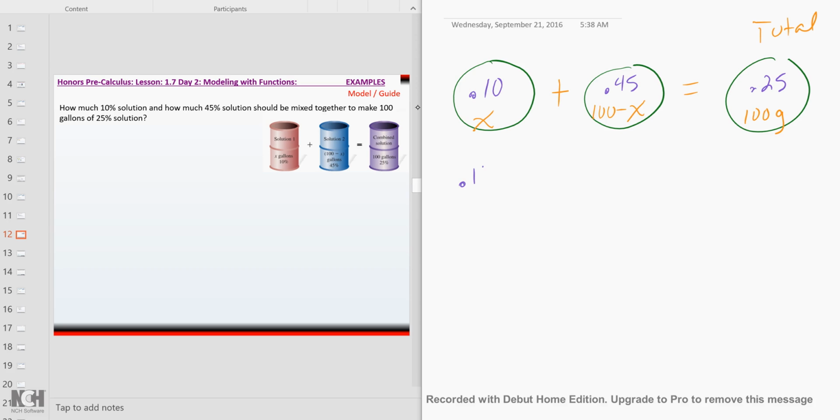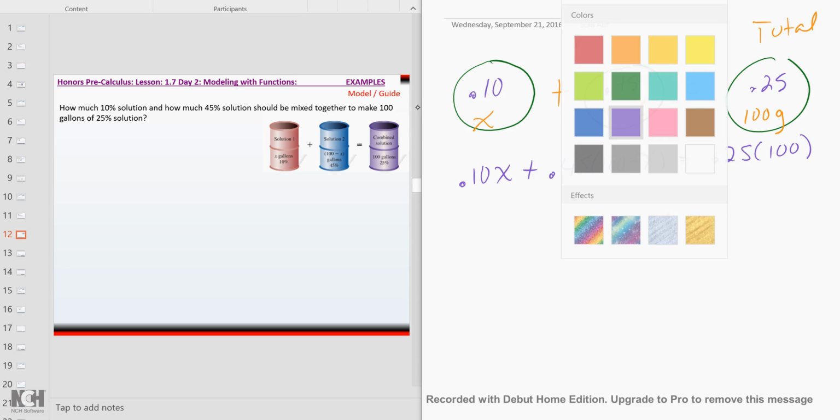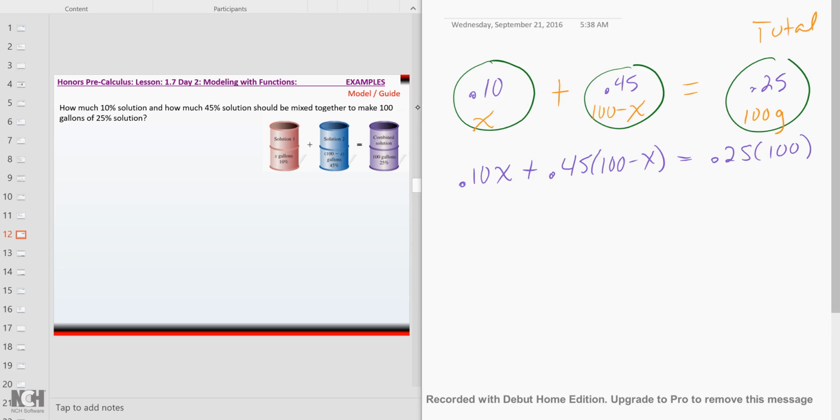You're going to take 0.10 times x plus 0.45 times (100 minus x) equals 0.25 times 100. So if I simplify this and start solving it, I have 0.10x plus 45 minus 0.45x equals 25.